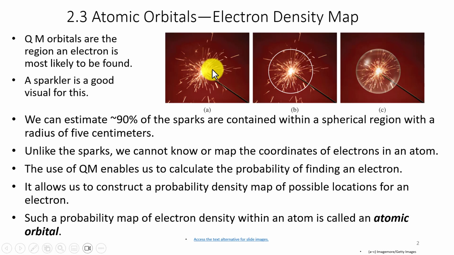Now, unlike the sparkler, we cannot know exactly the coordinates of an electron, and we cannot really map that they're here exactly or it is here exactly.